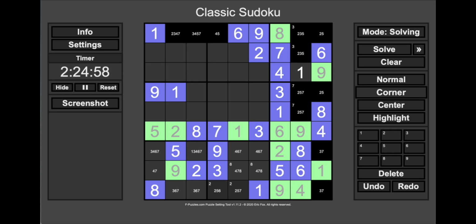Let's see. These two cells definitely contain a 2. These cells unfortunately do not contain a 6 because I still have 3 spaces left.